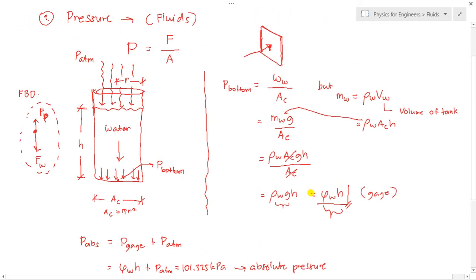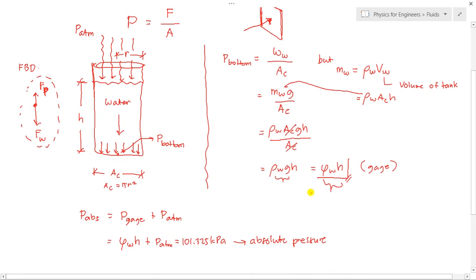So that is how we solve for the pressure of a fluid situated in a container. The container here is the tank. So again, don't forget, the pressure of a fluid is just the product of the specific weight times the height of that fluid. At any depth, our pressure will vary.